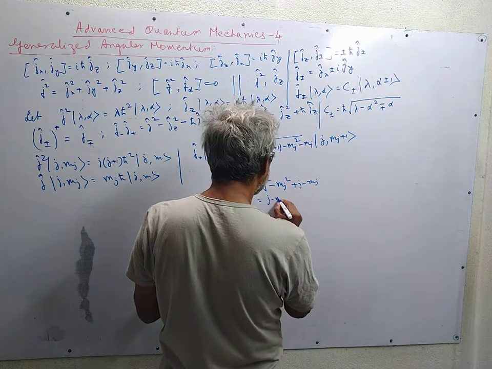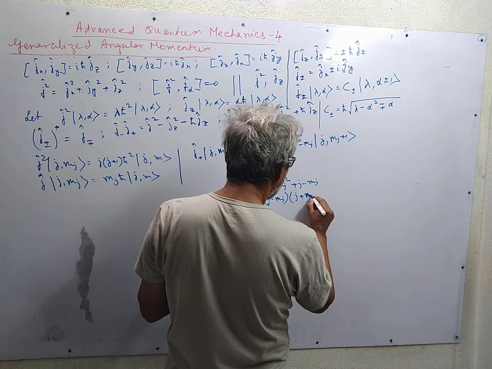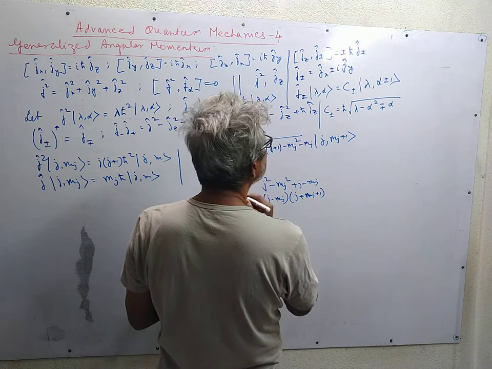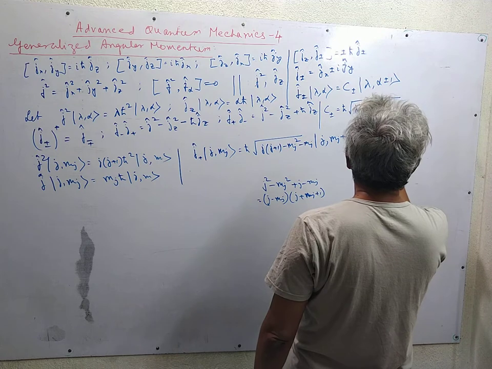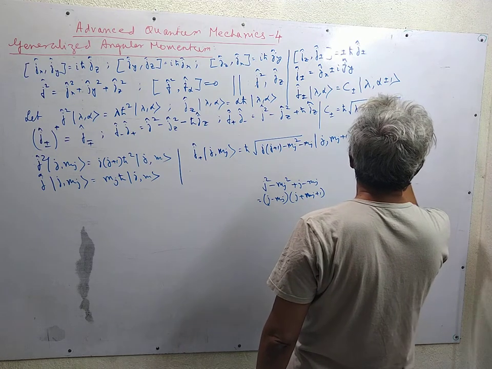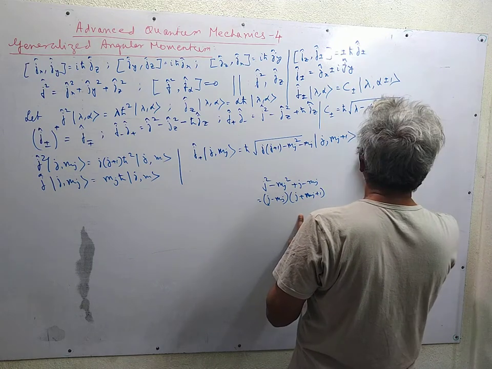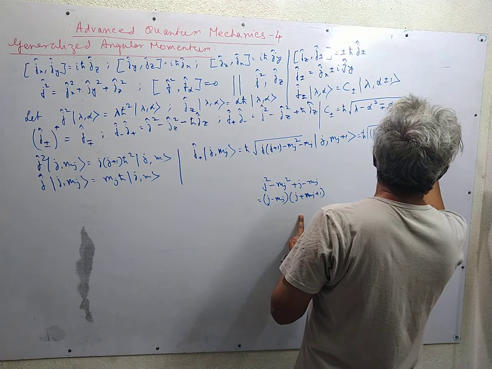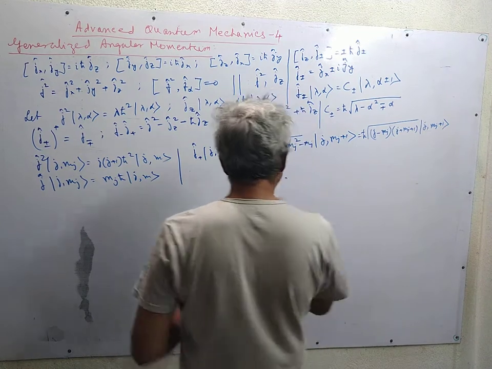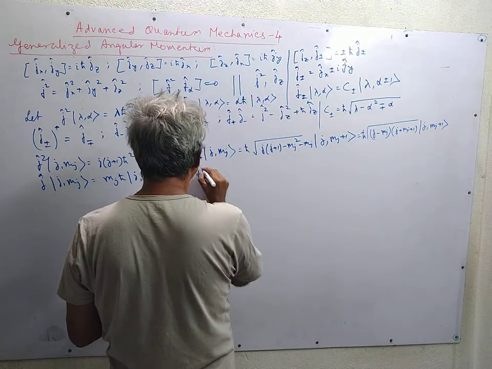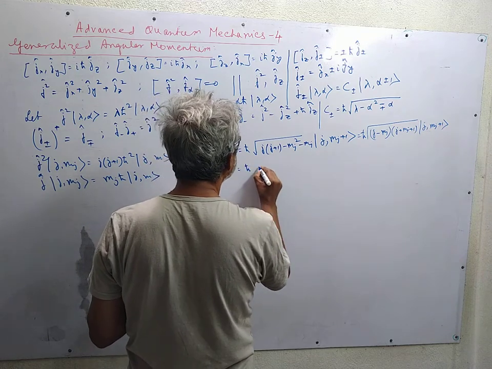This is (j minus mj) taken common, then this is (j plus mj plus 1). So this we write as ħ, j minus mj, and the other one is J minus on |j mj>, which is equal to ħ.